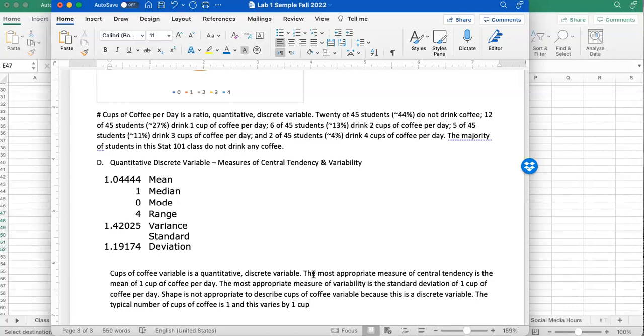Another way of saying this could be on average, because the standard deviation means the distance, on average, from 1 cup of coffee is 1 cup. So basically, on average, the numbers vary about 1 cup of coffee from the mean. Okay. All right.